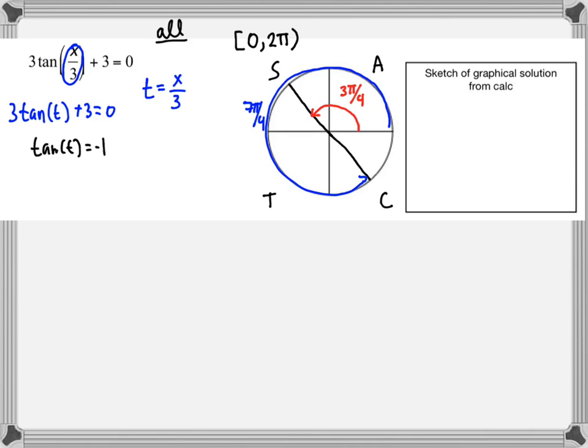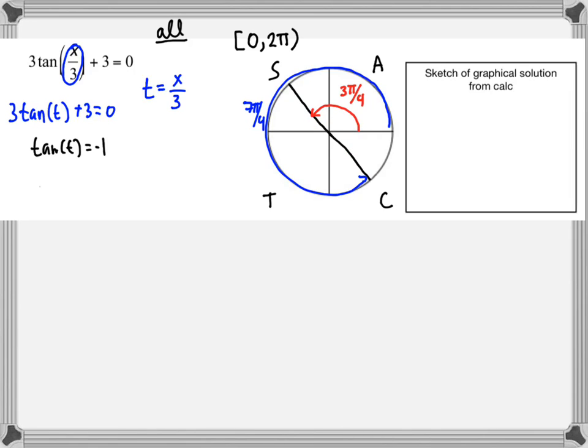So it looks like it's going to hit every pi increments, like we saw in the last videos. For example, it is going to go 3 pi over 4. Then in pi radians, it's going to hit another solution. Pi more radians, it's going to hit another solution, et cetera.